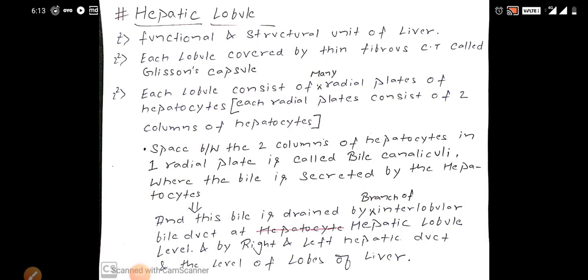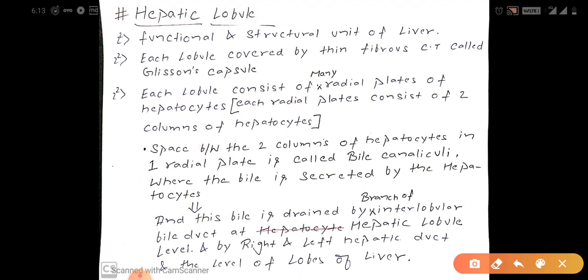So hepatic lobule, what and all I told you before, I will say everything here once again. Hepatic lobule, functional and structural unit of liver.